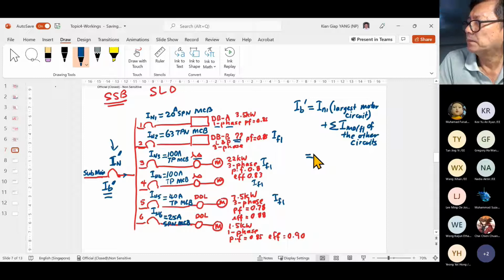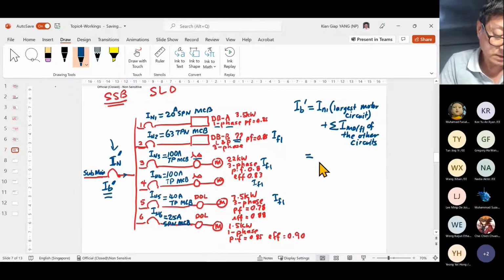Anybody here? Are you with me? Nobody can tell me, so I must call out names again. Circuits 3 and 4. Okay, circuits 3 and 4 are the biggest, right? So all I need to do is take one of them. So I take circuit 3, which means I take 100 ampere.